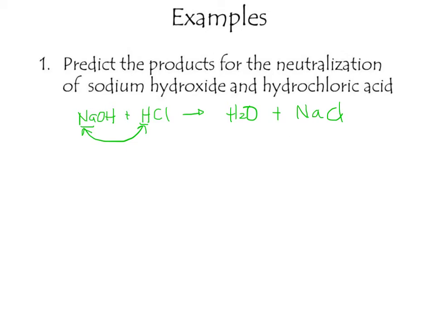Now let's go ahead and label which one was our acid and which is our base. If we think of our Arrhenius model, we can definitely just label which is which. I can tell you right now that HCl is our acid and NaOH is our base, because according to the Arrhenius model, in order to have a base, you have to have the hydroxide, and if you have an acid, you have to have the hydronium ion.